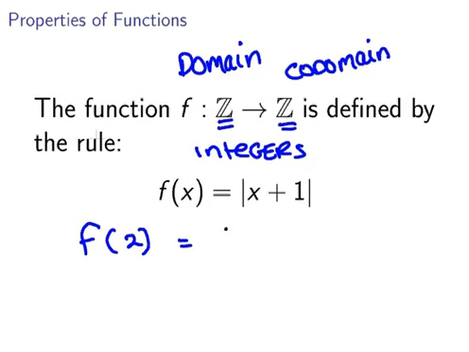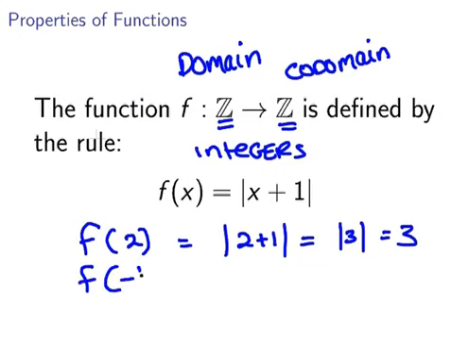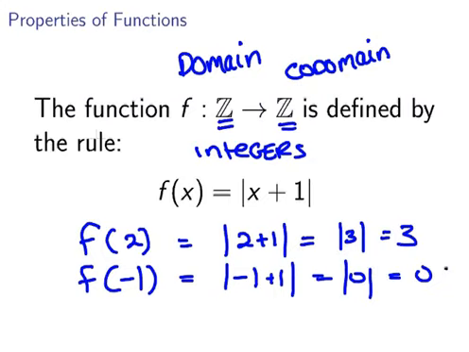In that case, we have the absolute value of 2 plus 1. That's the absolute value of 3, which is 3. Let's evaluate it for minus 1. In that case, we would have minus 1 plus 1, and that is equal to the absolute value of 0, which is 0. f of minus 2, I'll just give the answer to this one.